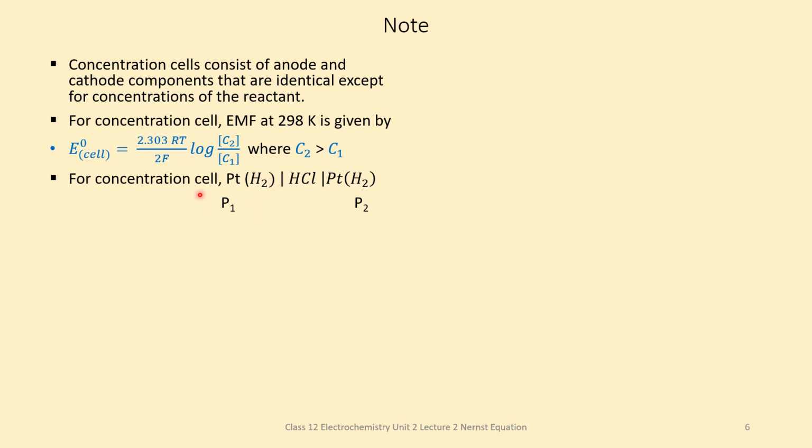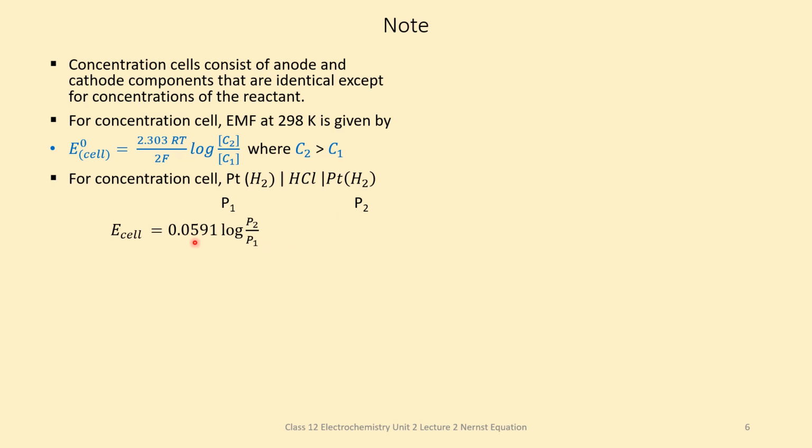So, for example, for the concentration cell Pt, H2 (P1) | HCl | H2 (P2), Pt, the left side is P1 and the right side is P2.